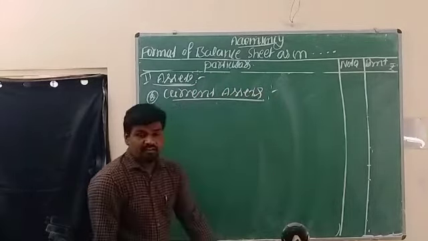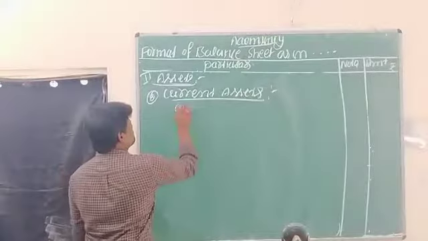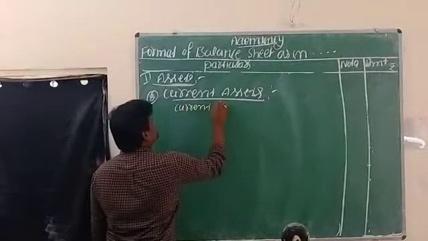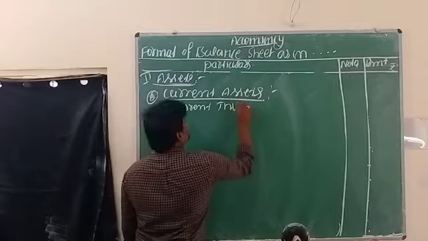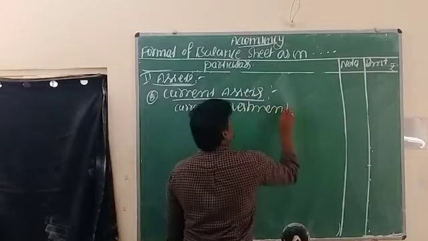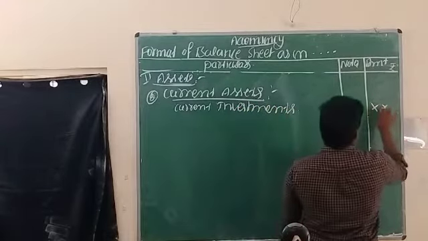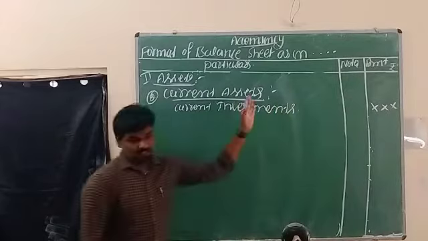Under the current assets, the first one, current investments. Is there any current investments in the business? We can record that under this category only.